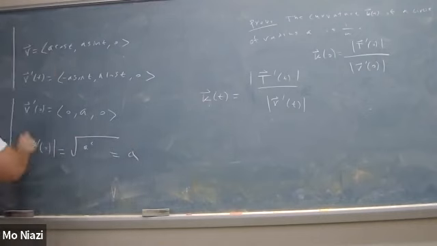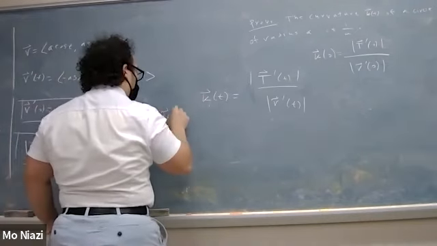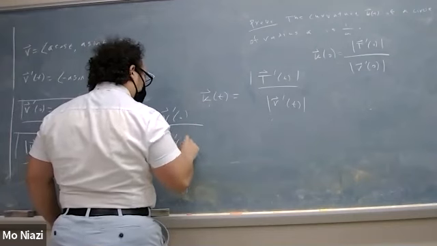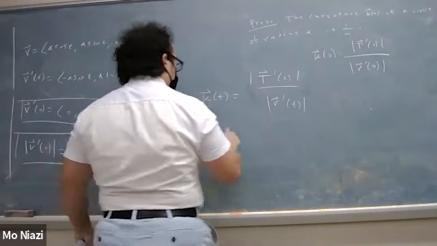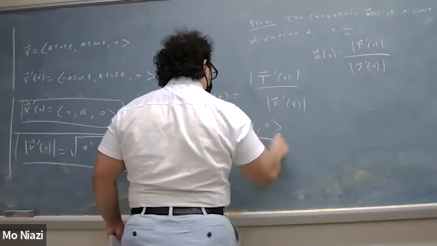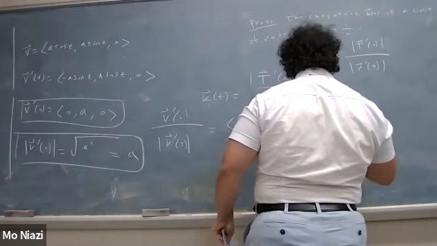Next, the norm here at 0 is just this thing, A. So we know this. Okay, so r prime of 0 over magnitude of r prime of 0 is just 0, A, 0, all over A. Okay, this results to 0, 1, 0.